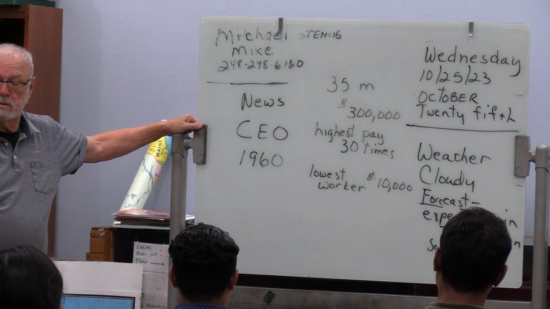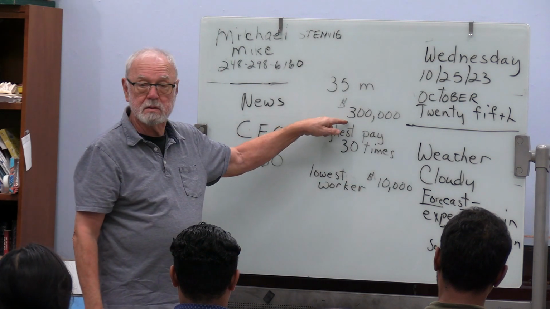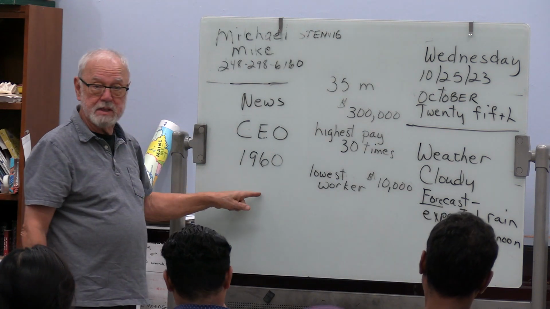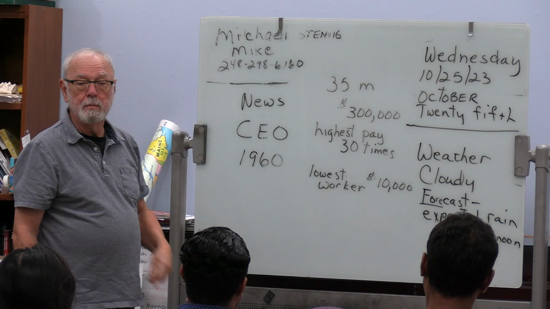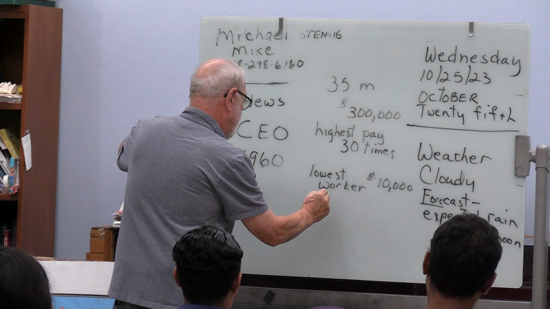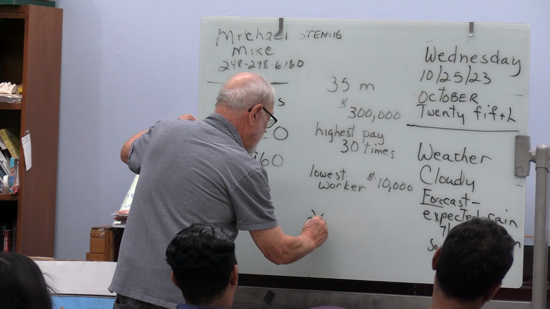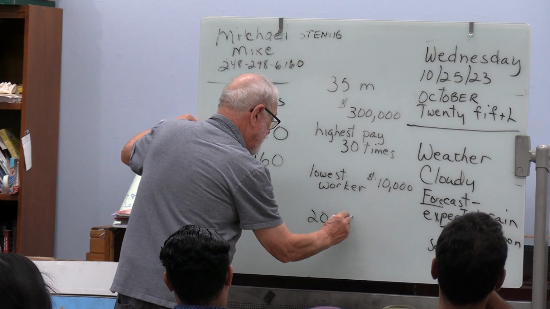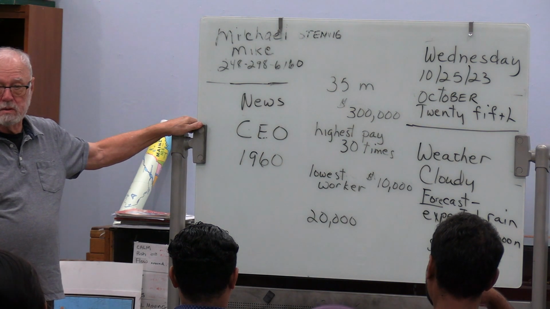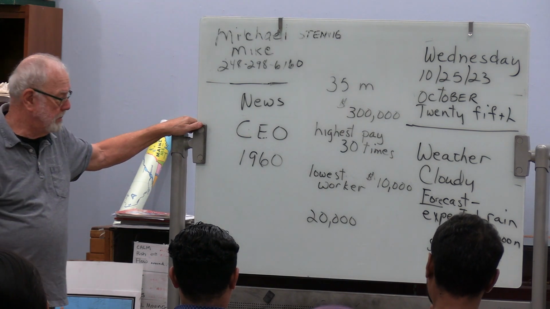10 times. Or, I'm sorry, 30 times. This times 30 gives you this. That was a lot of money in 1960. But today, in General Motors, the lowest worker probably makes more. 20,000 for a new hire at General Motors per year.